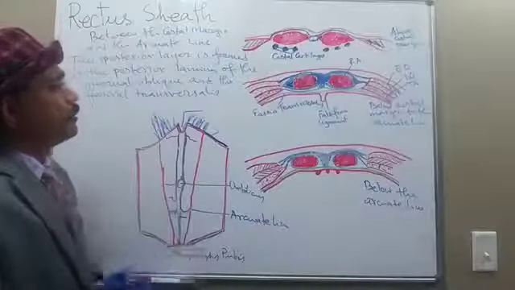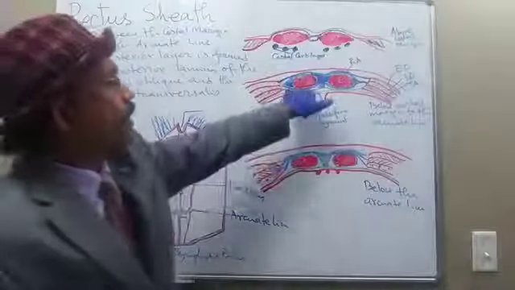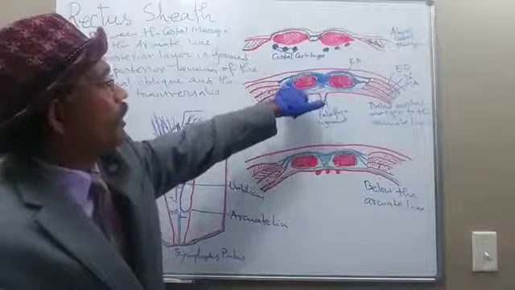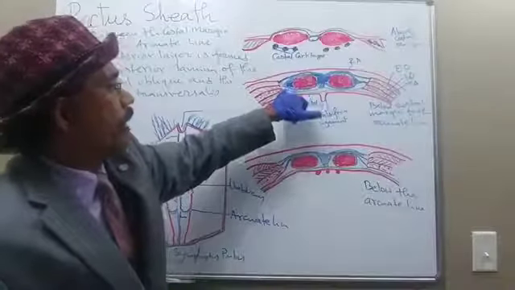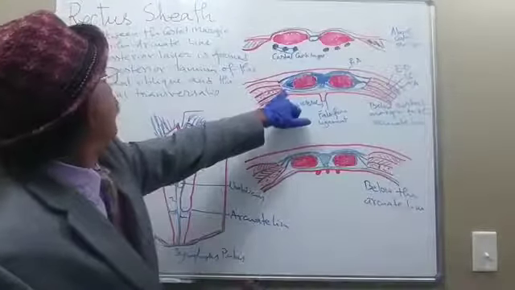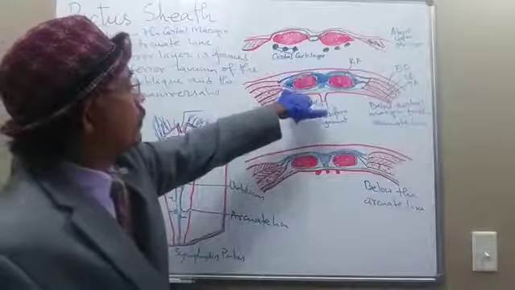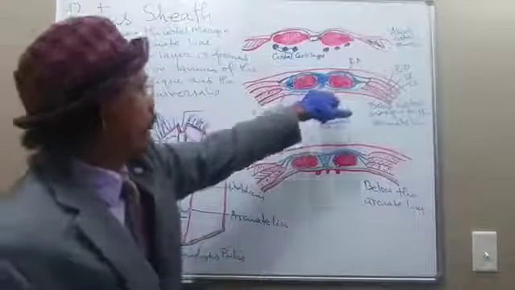Okay, so the posterior wall is formed by the posterior lamina of the internal oblique and the aponeurosis of transversus abdominis.